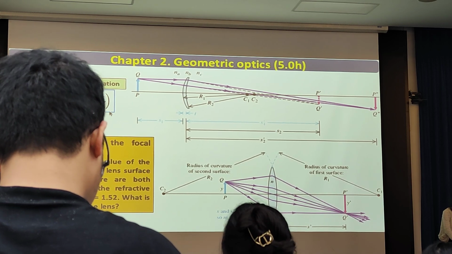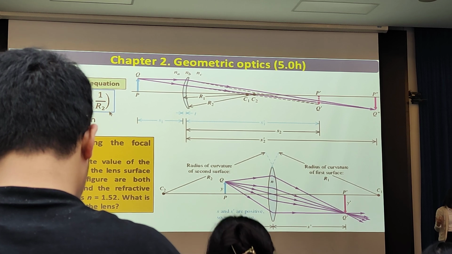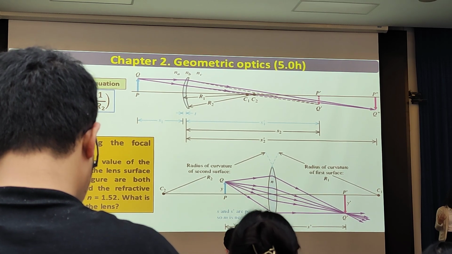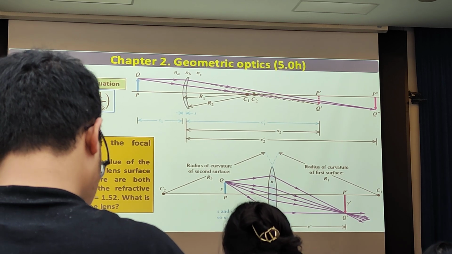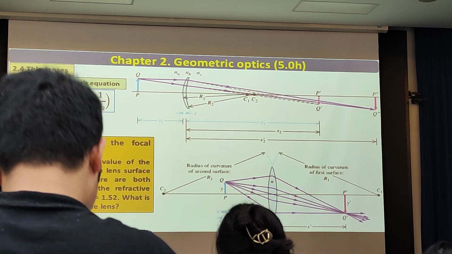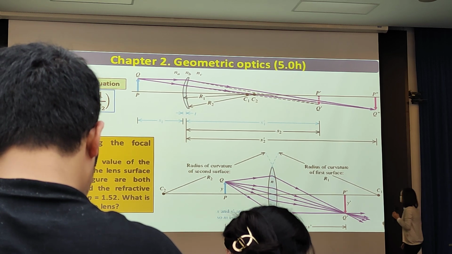So R1 and R2 are both positive 10, or negative 10, or one positive and one negative. So please look at this figure. I will analyze with you, and keep in mind the sign rule. That's why I really want to be precise.